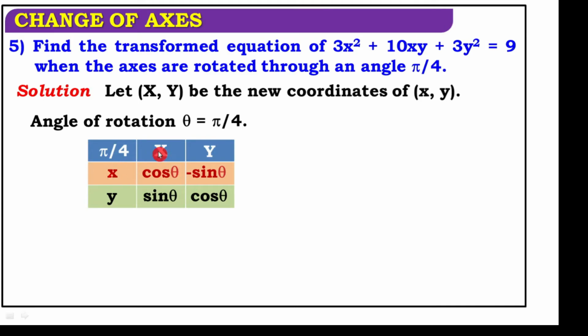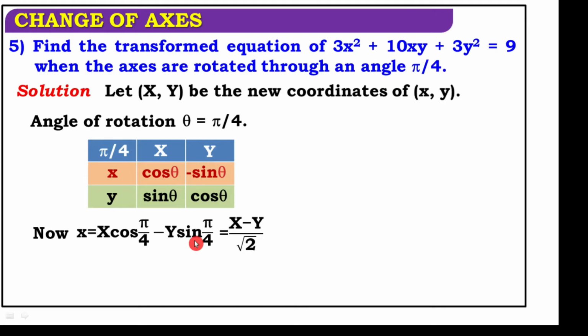So x = X cos theta - Y sin theta, and y = X sin theta + Y cos theta. So x = X cos pi by 4 - Y sin pi by 4. Cos pi by 4 and sin pi by 4 are both 1 by root 2. So it becomes (X - Y) by root 2.